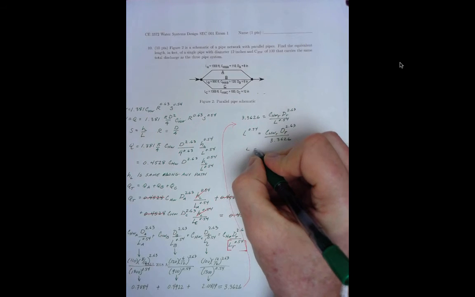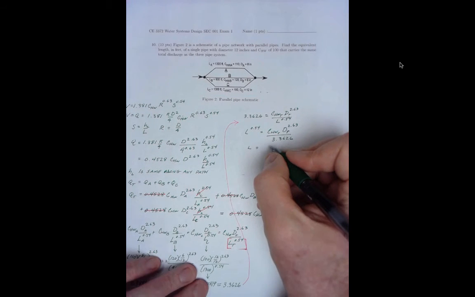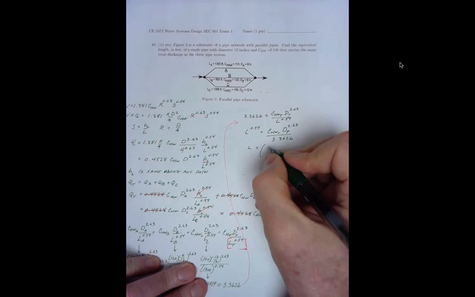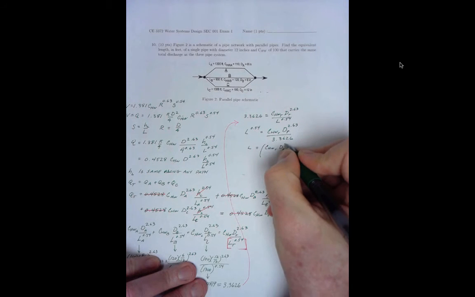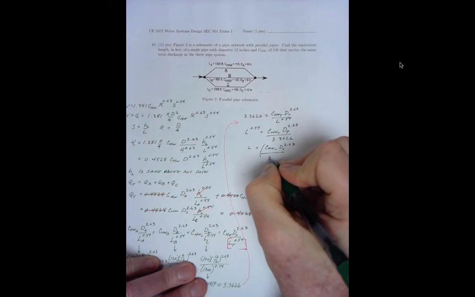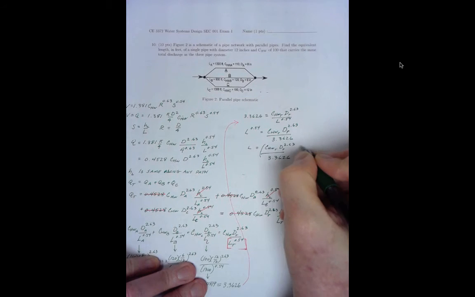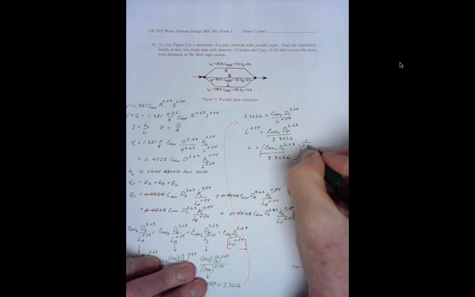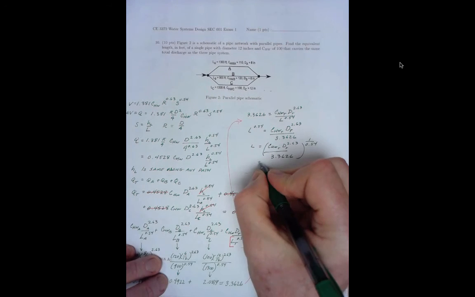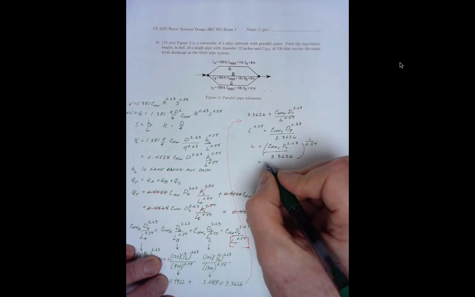Therefore, the length is equal to the 1 over 0.54 power of that thing: C sub HWT dt 2.63 power over 3.3626 to the 1 over the 0.54 power. And now we can put in the actual numerical values and attempt to do the arithmetic.